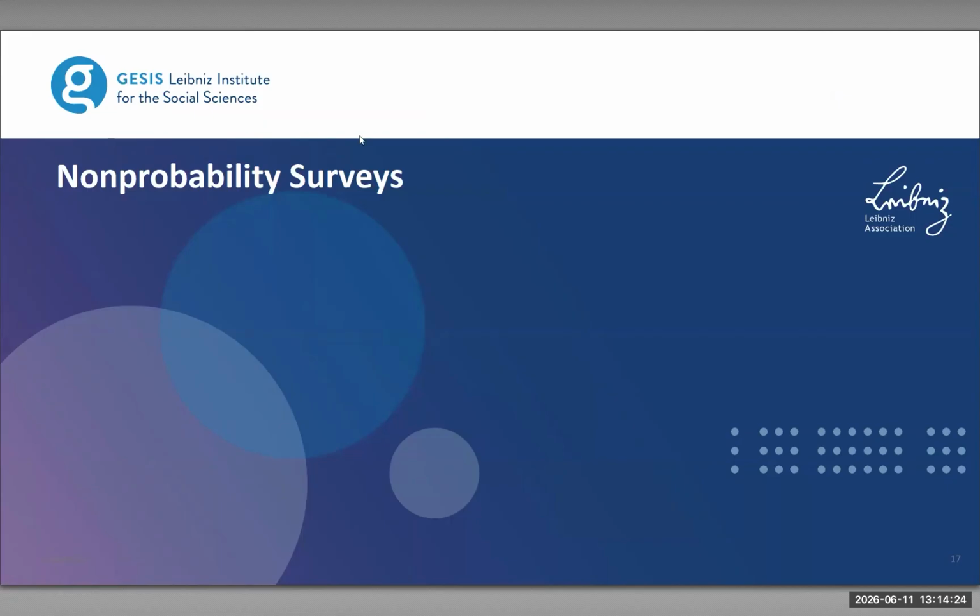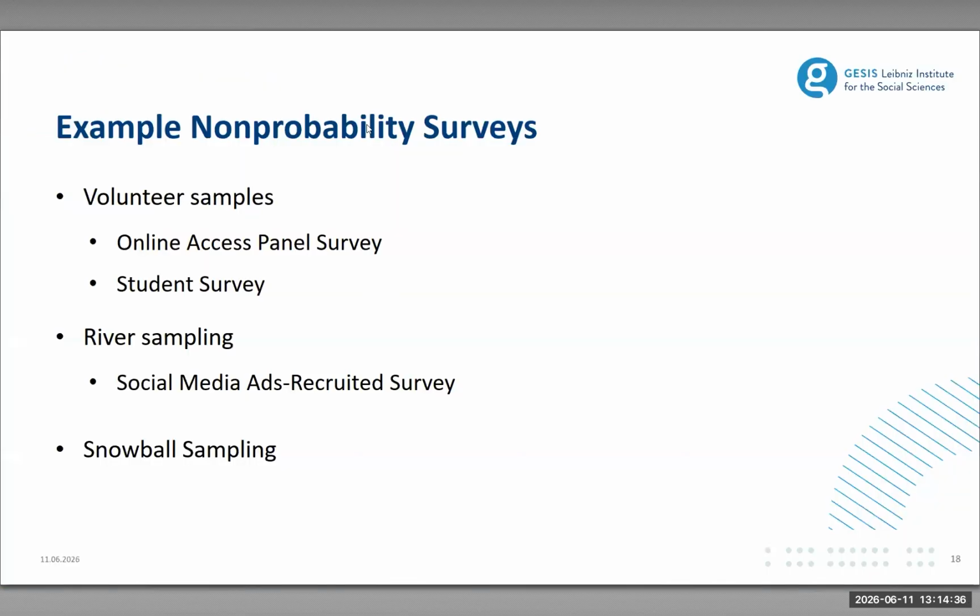and so all these approaches to mitigate errors only hold for probability surveys. So coming to non-probability surveys, they are, as I said, deviations from the gold standard of probability surveys, and I just jump in with some examples for non-probability surveys, like all sorts of volunteer samples, like online access panel surveys, where you're asked to register for some open access panel, and people get, I don't know, some credit points or money for every survey that you conduct with them, or student surveys, like universities.